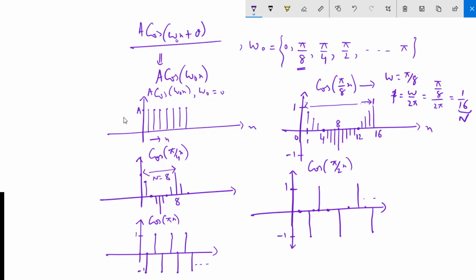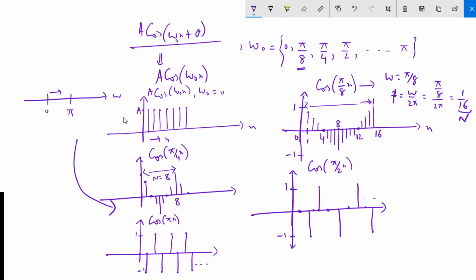Now what happens if you go beyond pi? Okay, so you have a frequency axis like this. We have started from 0, constant signal. As you increase the frequency, the rate of oscillation starts increasing, and then when the frequency is equal to pi, you are getting the maximum oscillations in this signal.